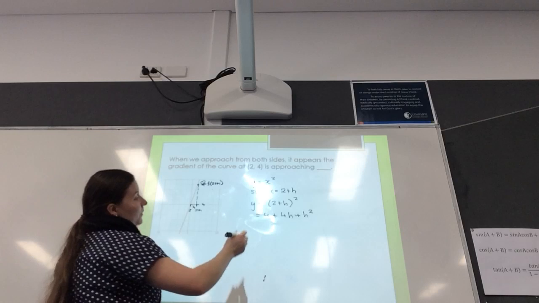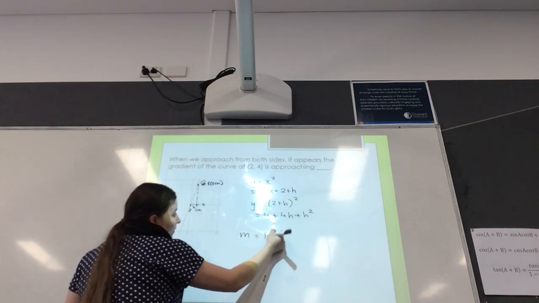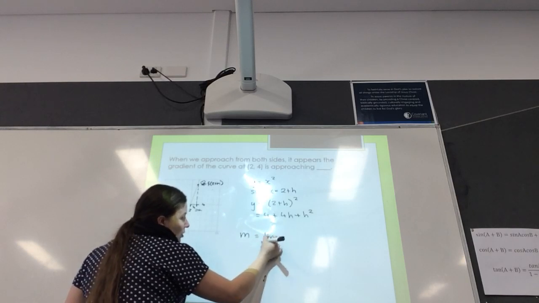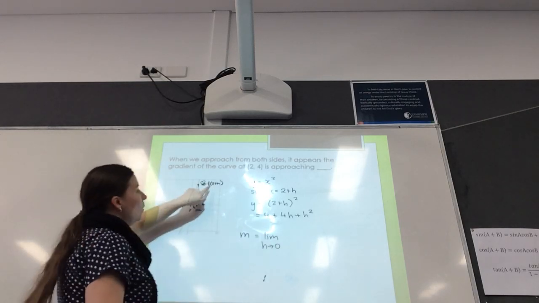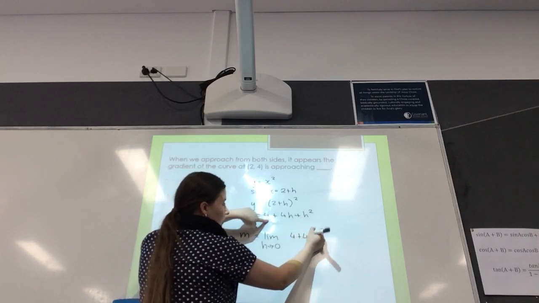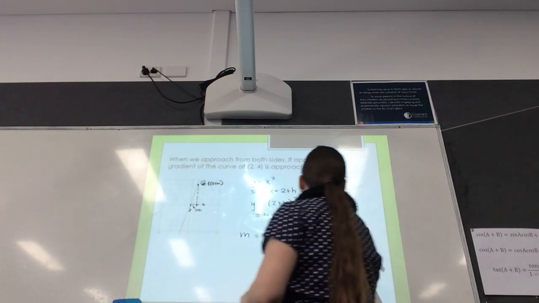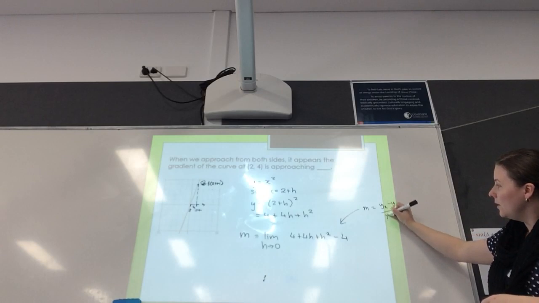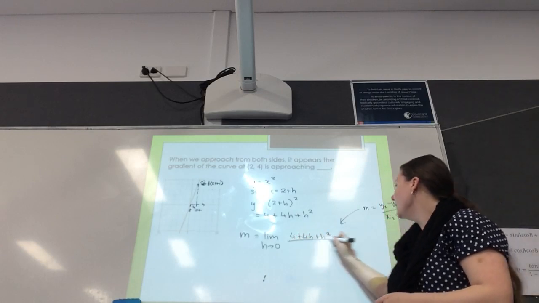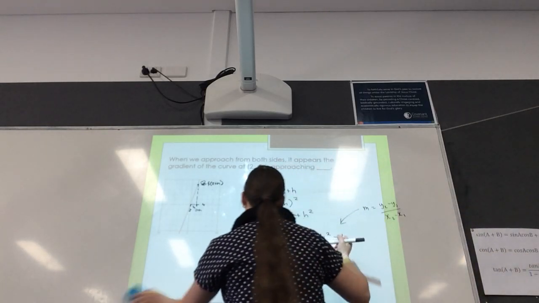Alrighty, so we've got our gradient, and we want our h, remember, to approach 0, yes? Okay, and so we're looking at y2 minus y1 over x2 minus x1.